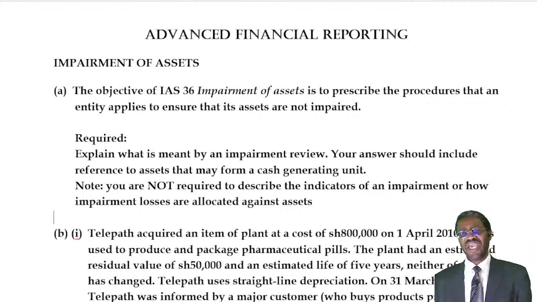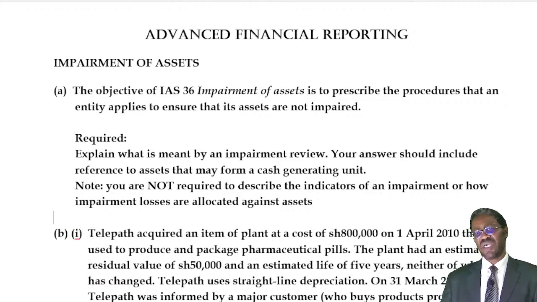Required. Explain what is meant by an impairment review. Your answer should include reference to assets that may form a cash generating unit.